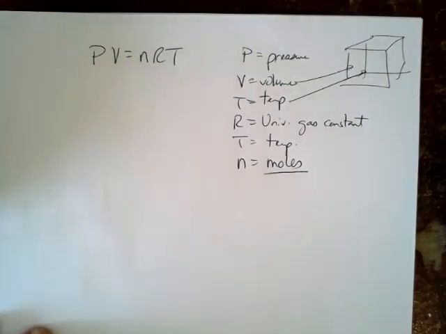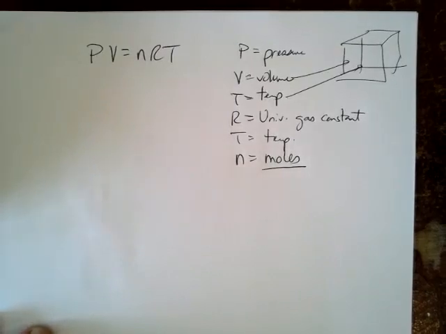Many of you might be familiar with the idea of moles in chemistry. A mole is just a collection of molecules. If we have 6.022 times 10 to the 23rd molecules or atoms or paper clips or pens or trucks, that is a mole of those things.